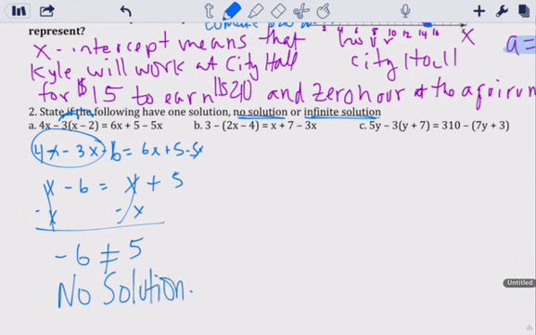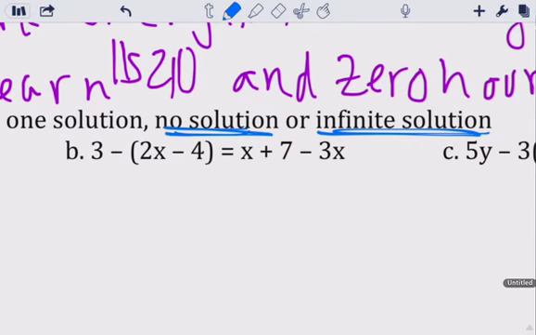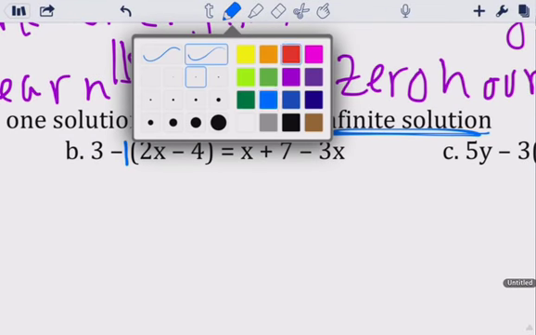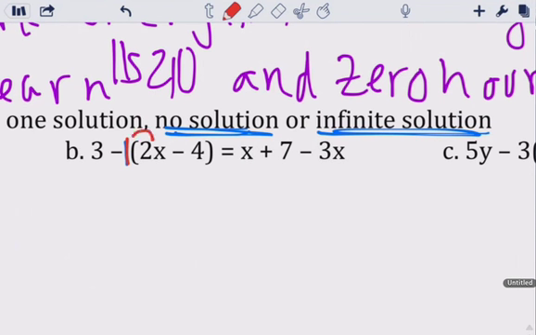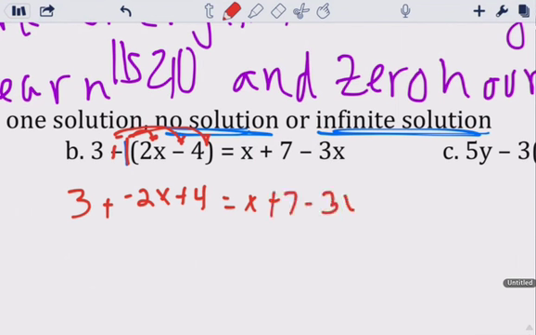That's what it means. Okay, B. I'm going to erase this one. Simplify this. This is an invisible 1. Distribute. That's a negative 1. That's negative 2x. A negative and a negative is a positive 4. 3 equals x plus 7 minus 3x.